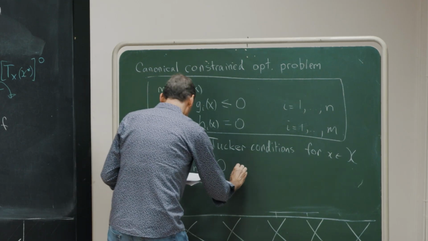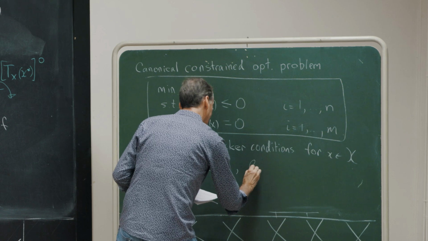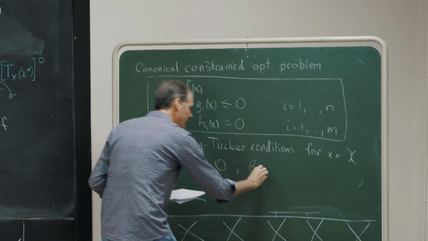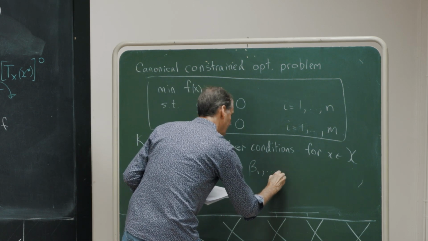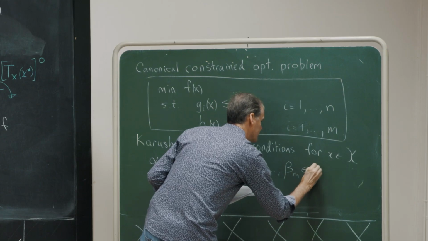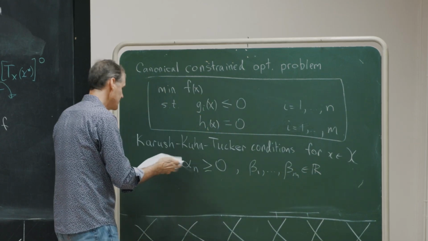The alphas are greater than or equal to 0. The dual variables for the equality constraints are just real numbers.